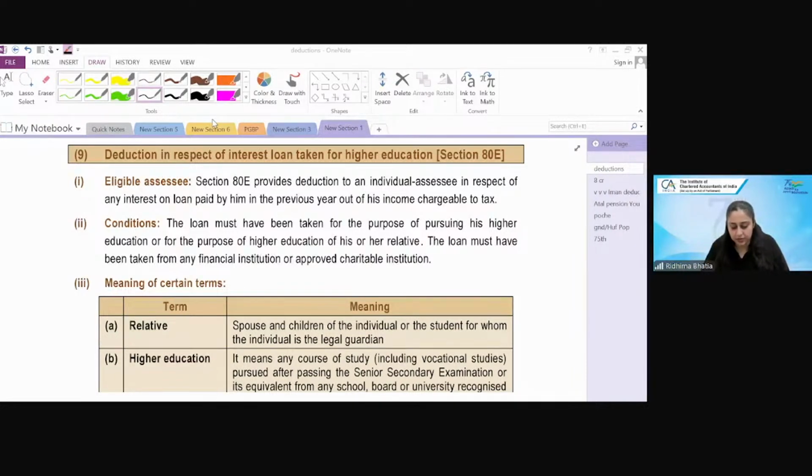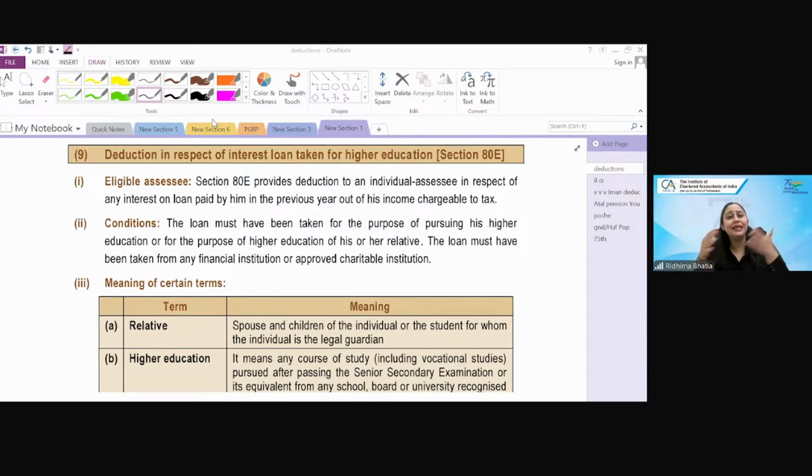Guys, everyone please be on your josh because now we are starting with your 80E list. Now when I put forward 80E, friends, you see 80C talks about premiums, insurances when it comes to life or social security.